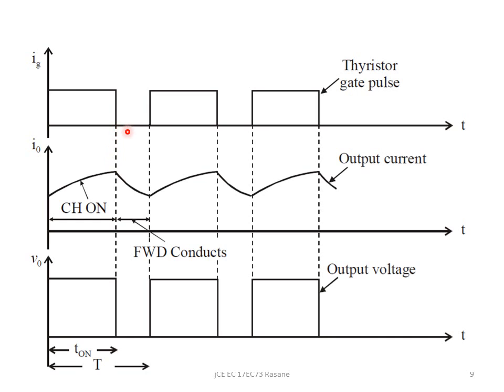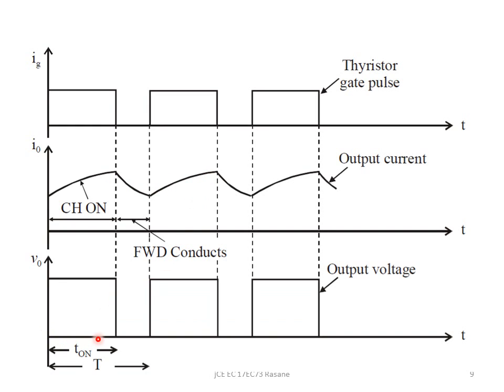When the chopper turns off, the freewheeling diode will conduct, and during this time the load discharges through the freewheeling diode. The current in both cases is always positive, and the phenomenon repeats further on.